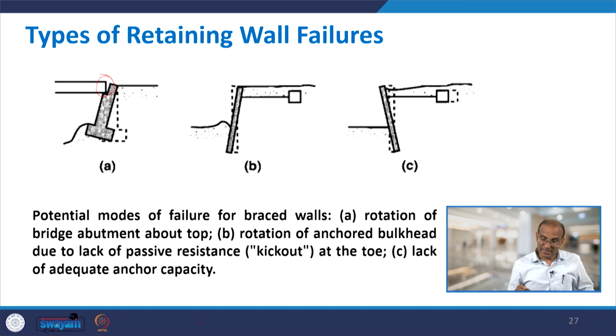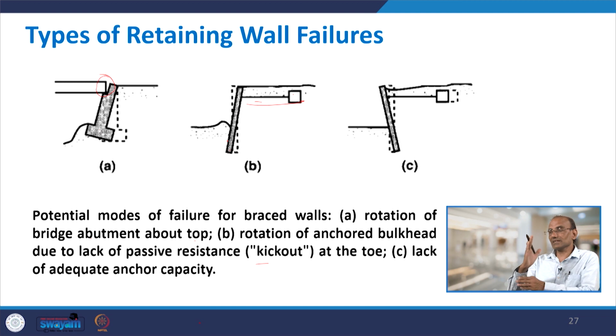Similarly, here this is another, this was the gravity wall case. So, rotation of bridge abutment about the top, then rotation of anchored bulkhead due to lack of passive resistance, which is called kick out, and this looks like a cantilever wall anchored, anchoring here. So, anchoring is done at the top, but at the base it is free.